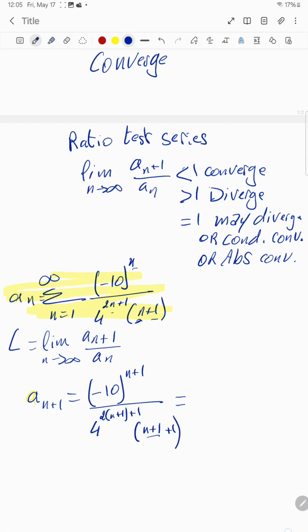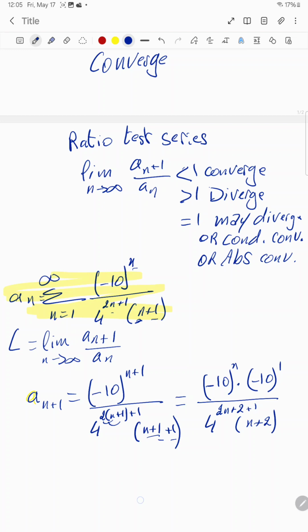Let's write it in a better way. It is minus 10 to the power of n times minus 10 to the power of 1 divided by 4 to the power of 2n plus 2. So I distributed my 2 inside my parentheses. There is plus 1 here multiplied by n plus 2. So 1 and 1 is equal to 2.